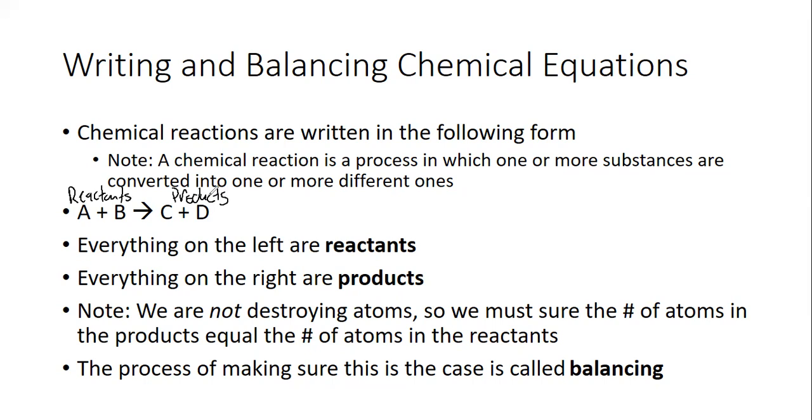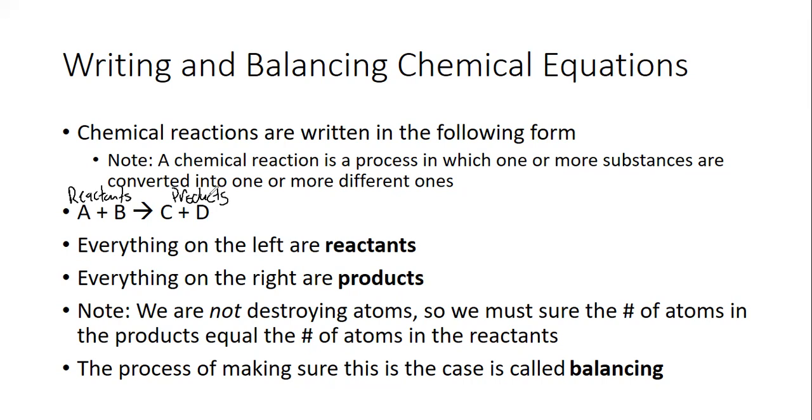The A, B, C, and D here are just general representations of molecules. So these would be molecules or elements. A lot of the time, if I just want to show you how an equation works, I'll use A, B, C, and D. The important thing about chemistry, though, is that we aren't destroying any atoms.